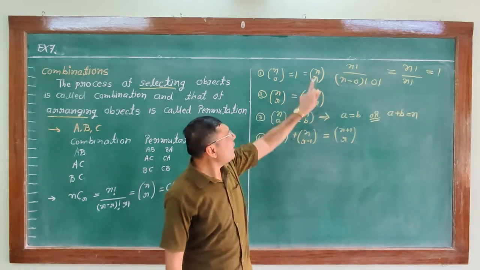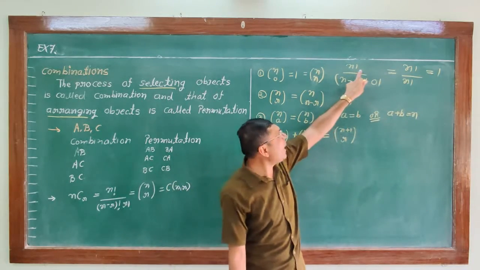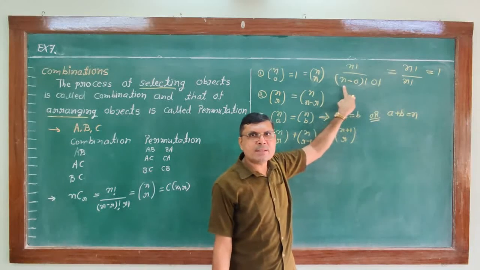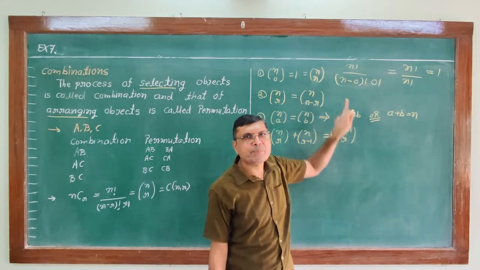Now, if I take nCn, then also answer is same only. Here you will get n factorial upon n minus n factorial into n factorial. So it will remain same only.